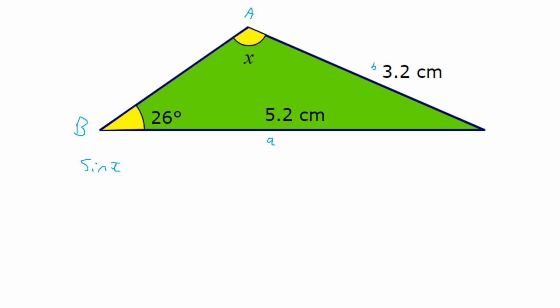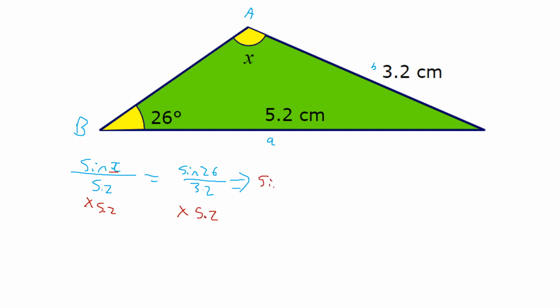Sine x over 5.2 is still the same as sine 26 over 3.2, okay? So it's the exact same, and we're still going to multiply both sides by 5.2, just so that we can get this x on its own.